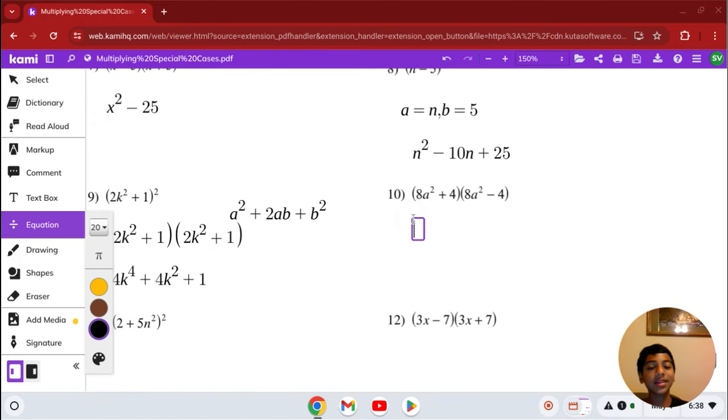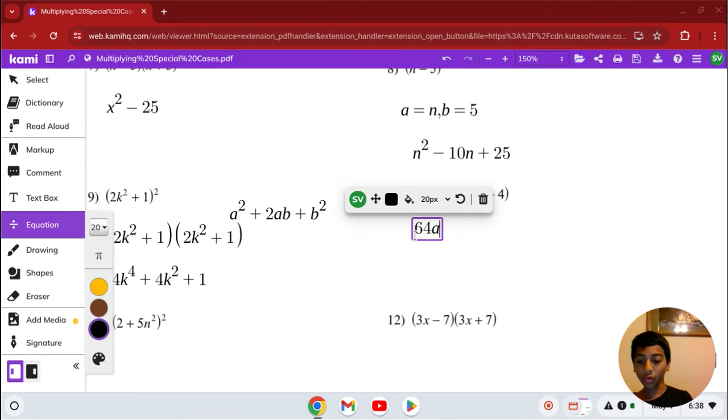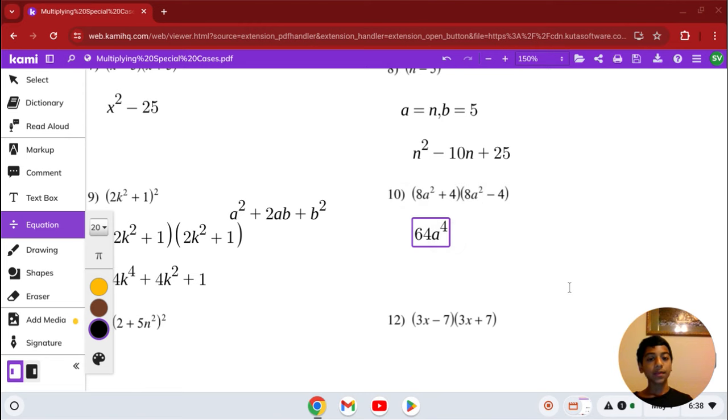Number 10, (8a squared plus 4) times (8a squared minus 4). Let's multiply it. 8a squared times 8a squared is 64a to the fourth, minus 32a squared, plus 32a squared, or 8a squared times 4.